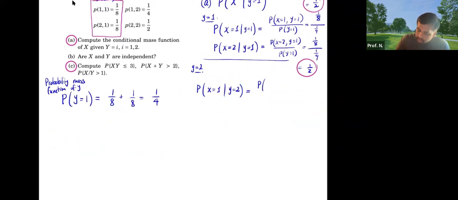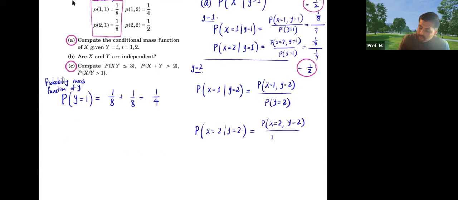This is the probability that x equals 1, y equals 2, given that y equals 2. And then this is the probability that x equals 2, given that y equals 2. Probability that x equals 2, comma, y equals 2, over the probability that y equals 2. So what's the probability mass function that y equals 2?